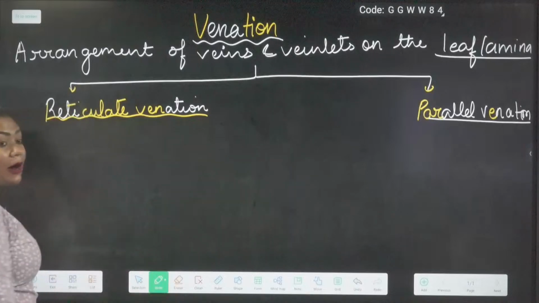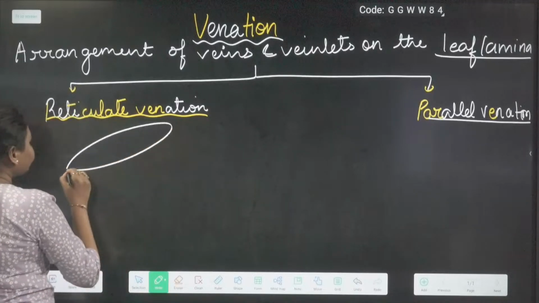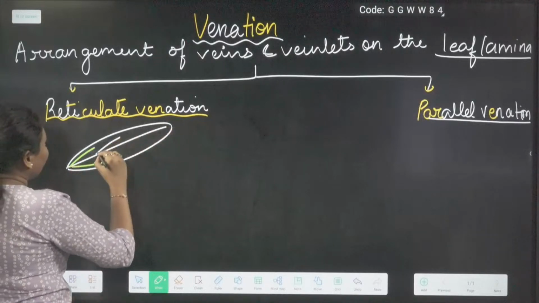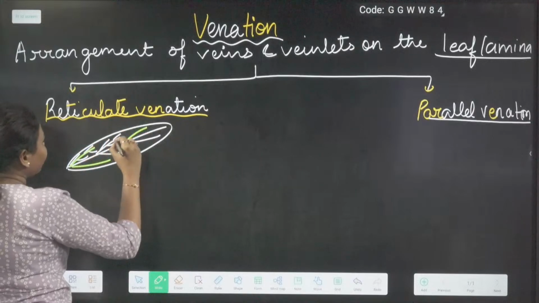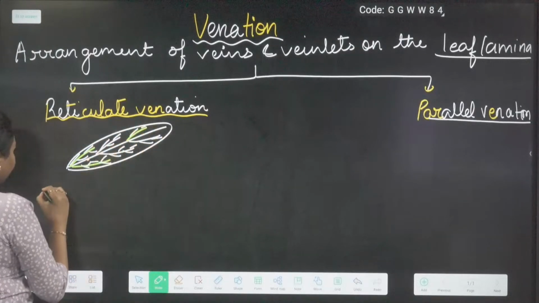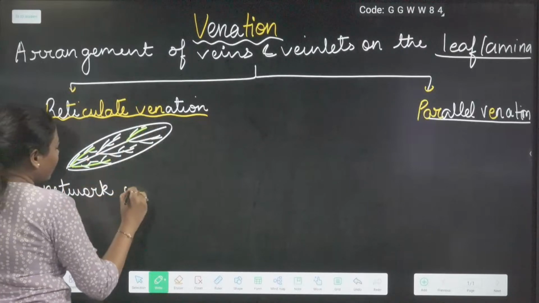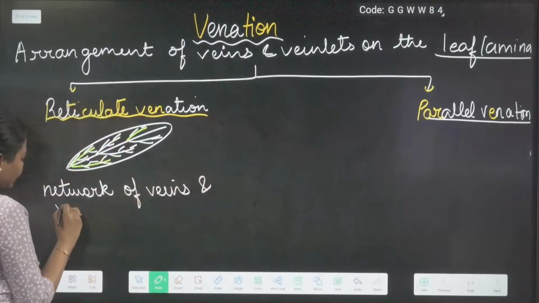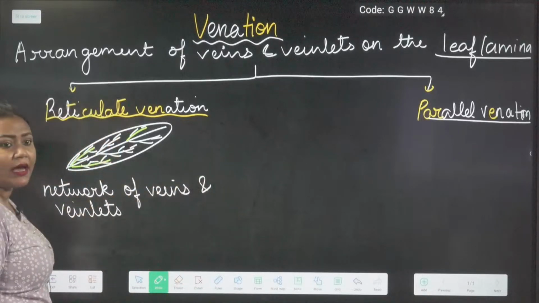What is reticulate venation? You will have a midrib, the midrib will have veins, and the veins will also have veinlets. So reticulate venation is nothing but a network of veins and veinlets.